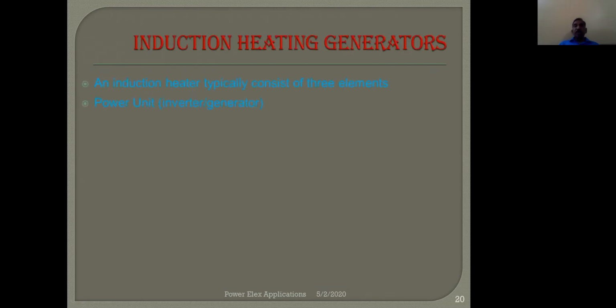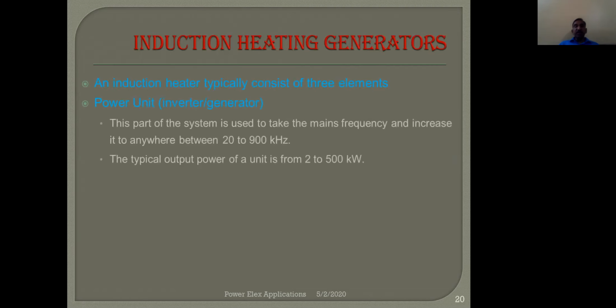In order to do this, you need induction heating generators, which are big equipment. Consider the power unit first. There are typically three elements, of which the first is the power unit. This part takes the mains frequency and increases it up to 900 kilohertz. It means you have to use switches, mostly MOSFETs, which will withstand this frequency and very high current.